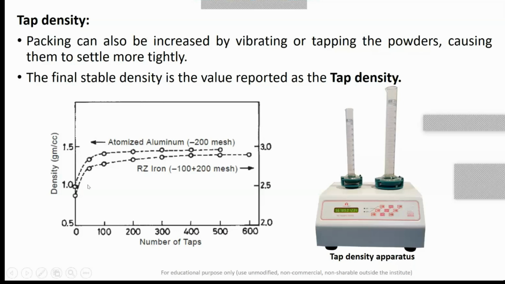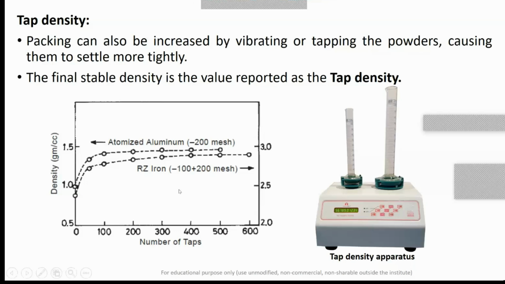From this diagram you can easily see the effect of the number of taps, or the vibration or jolting of the cylinder, on improving its density. If you increase the number of taps, it will also increase the density of the powder used to make the powder metallurgy compact.